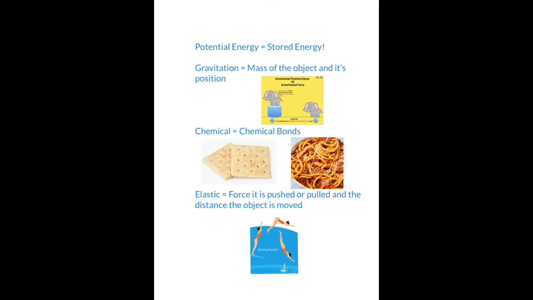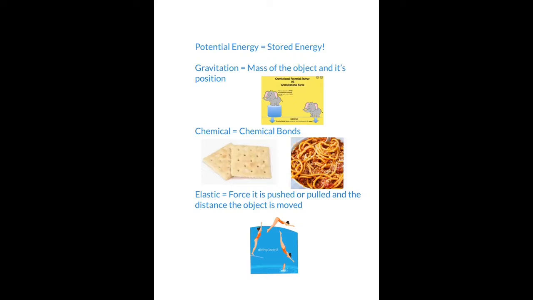So the first type was gravitational potential energy, and there's two main things that really affected that, and that was the mass of the object as well as its position. So for instance, that picture there, the elephant on the left, we're going to assume that it's the same elephant, but the one on the left is higher up, so he has a greater gravitational potential energy because he's higher up versus the other one lower to the ground.